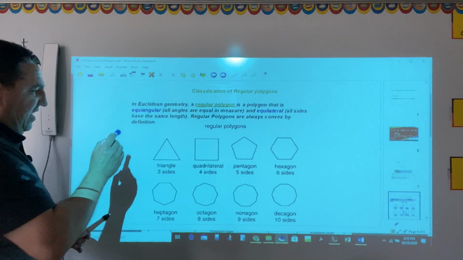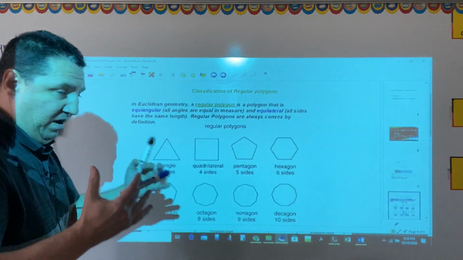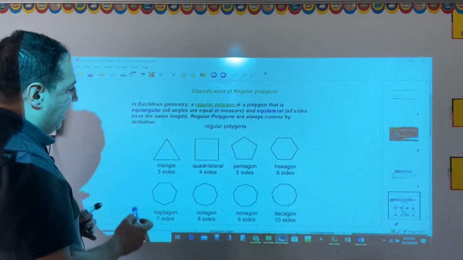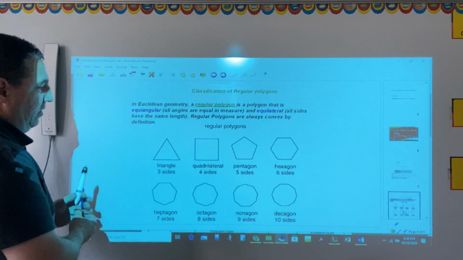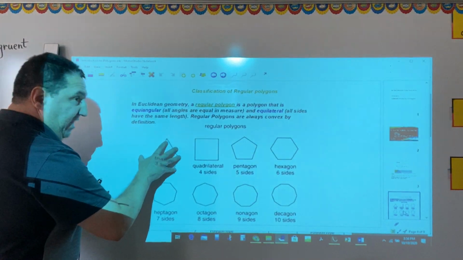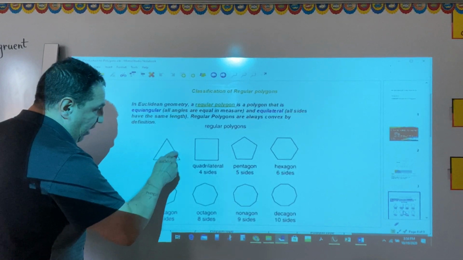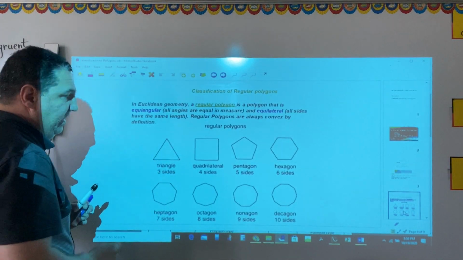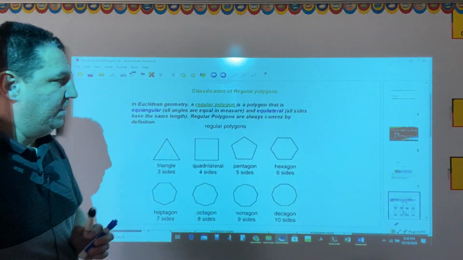Examples. As I said, the first one and probably the most common polygon is an equilateral triangle, right? Why? An equilateral triangle is a regular polygon because all of its sides are congruent, all of its interior angles are congruent.